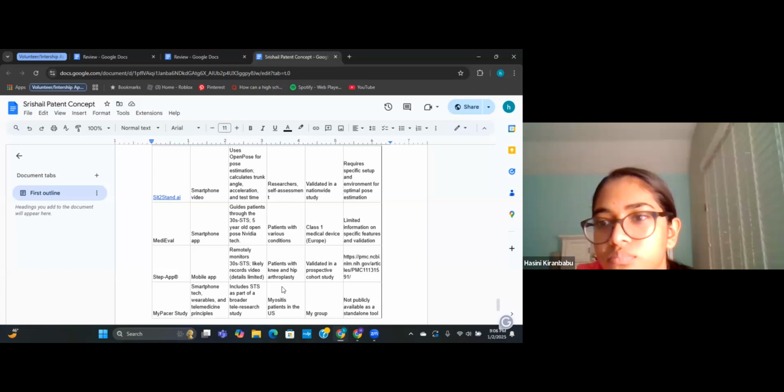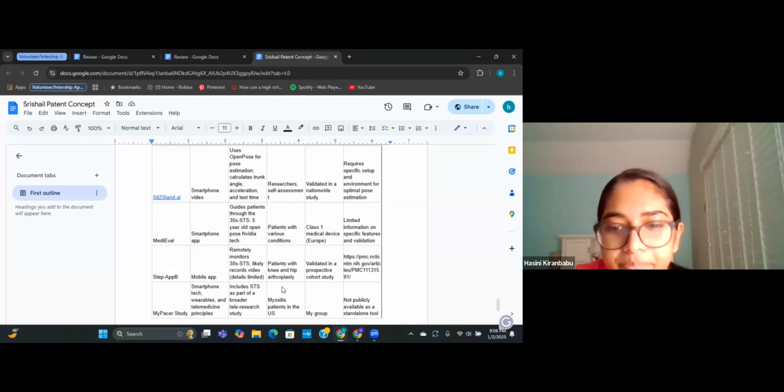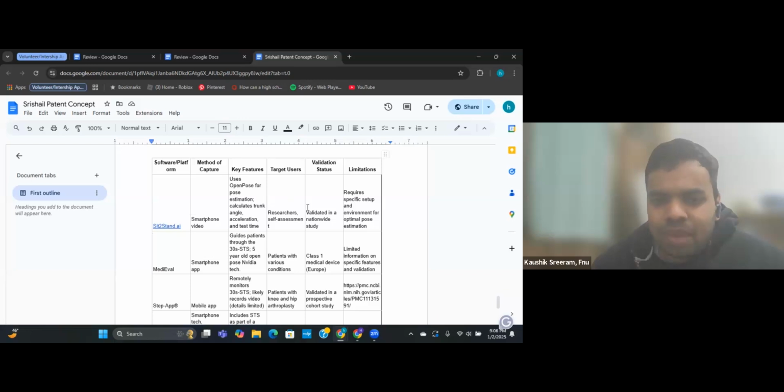So based on this information, you should synthesize it and write it in 2 sentences. You should take the third column and go based on that. Even if you don't write about technology, you should write that the app is there and it has been done in so and so app based.